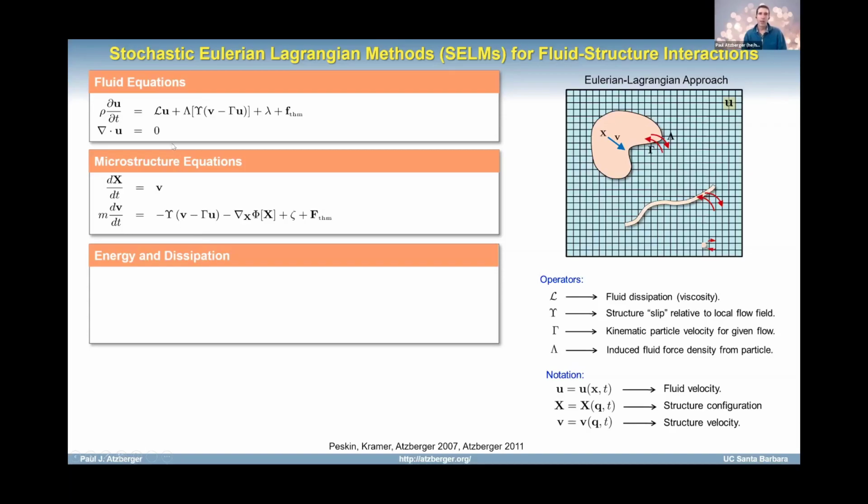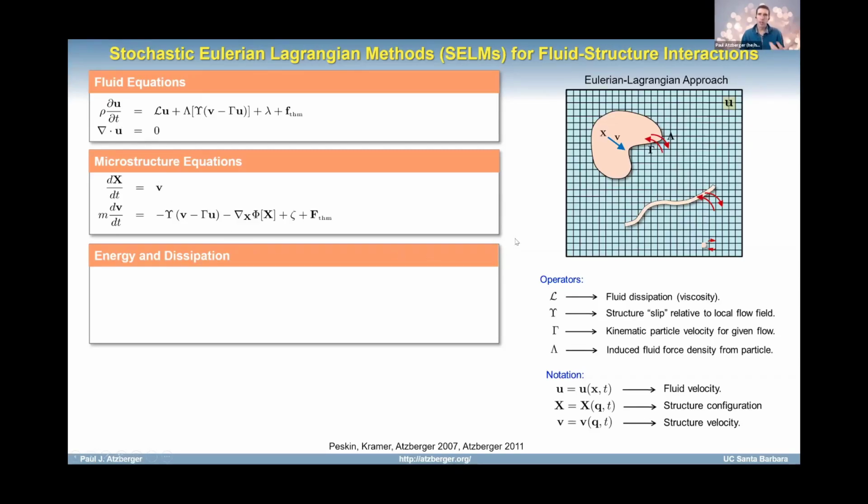And so what lambda is doing is it's basically converting a force, which is something that acts, let's say, at a point particle, to something which is spatially distributed for the purposes of accounting for it in the momentum equations of the fluid. So it's basically converting forces to force densities. And that's essentially what happens in the immersed boundary method when you multiply your force times the kernel function, the Peskin delta function.